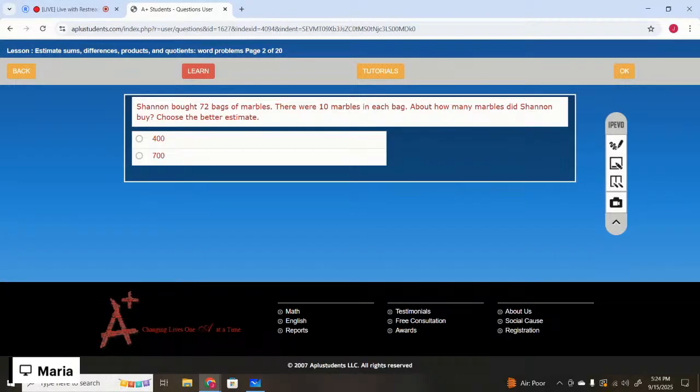Shannon bought 72 bags of marbles. There were 10 marbles in each bag. About how many marbles did Shannon buy? So you have to do 72 times 10.